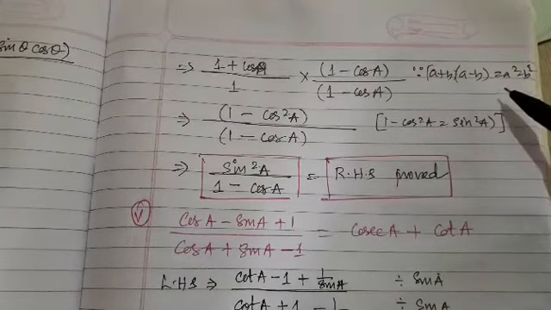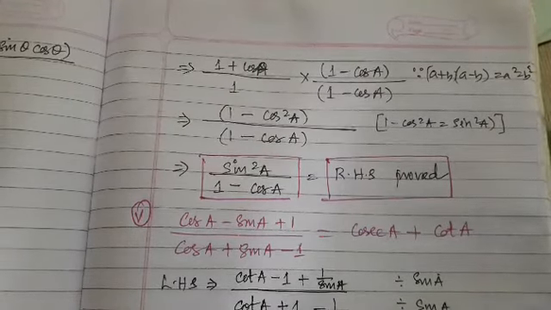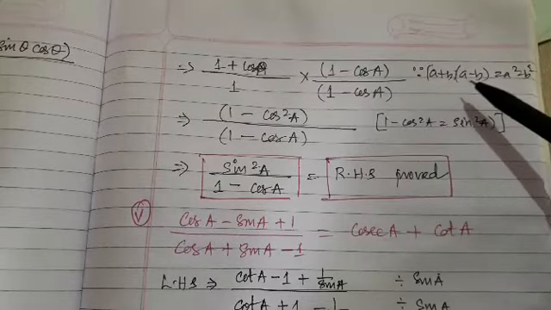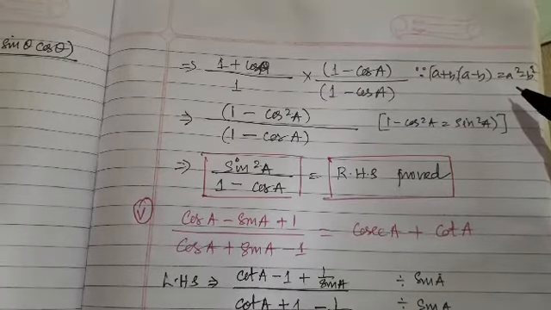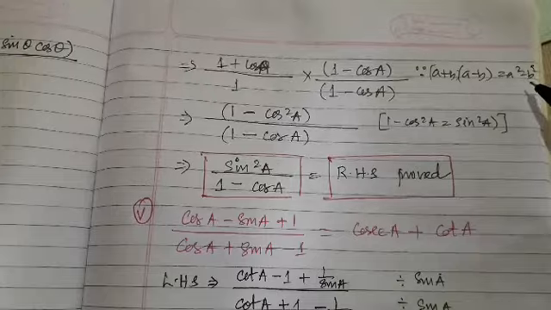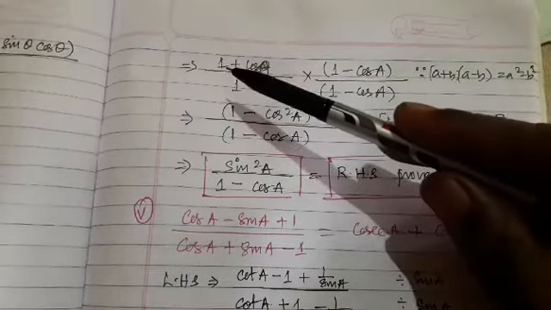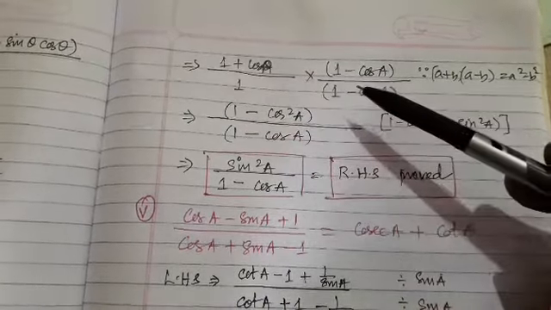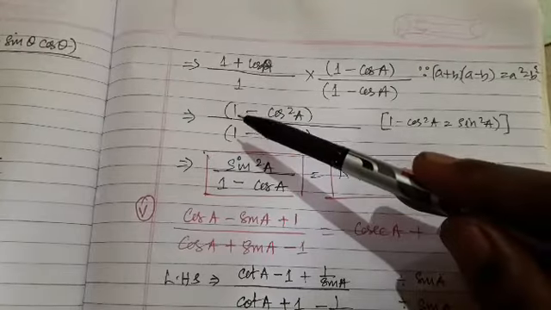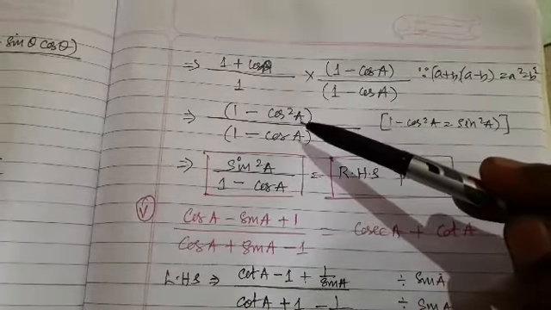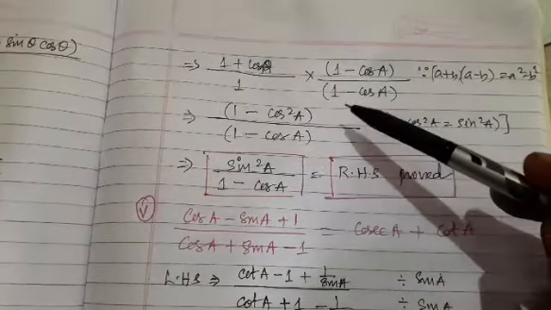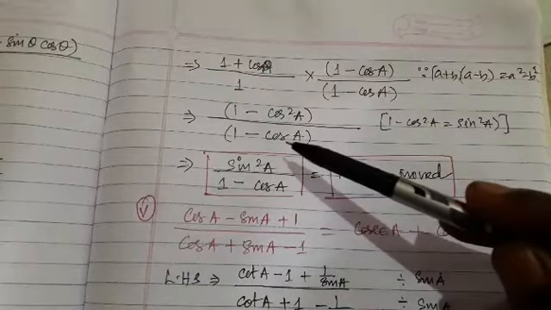It is A square minus B square. That is the identity. A plus B into A minus B means A square minus B square. So in that form I am converting. This is A, this is B. So I am converting into 1 square minus cos square A, and the denominator is 1 minus cos A.